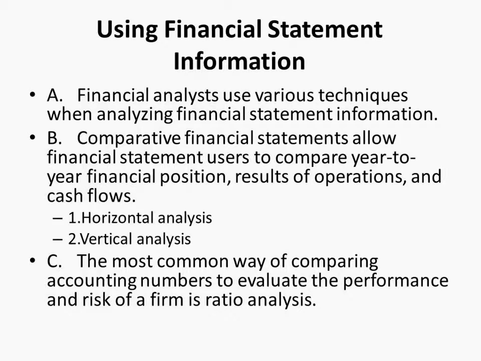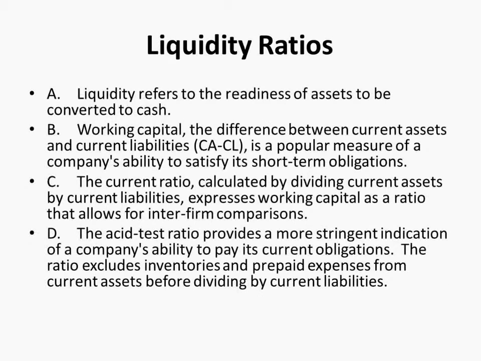So working capital is taking current assets and current liabilities, which will give you a sense of how a company can satisfy its short-term obligations. So let's think about what some current assets are.